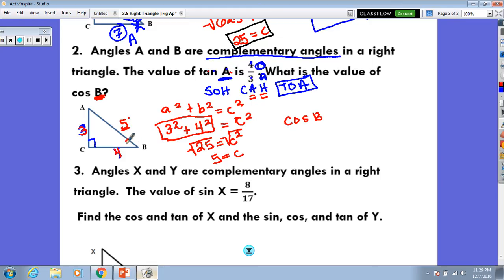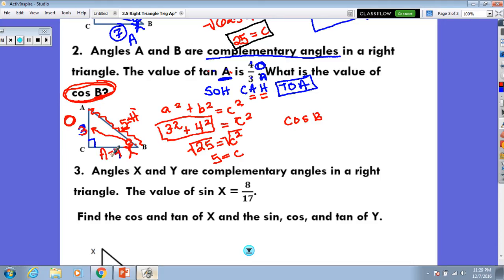So I draw my stickman at B, because that's what they asked me for here, the cosine of B. And I'm looking for adjacent and hypotenuse. So I know the hypotenuse is 5. That's my H. And I can draw a line to determine the opposite side, which would be 3.